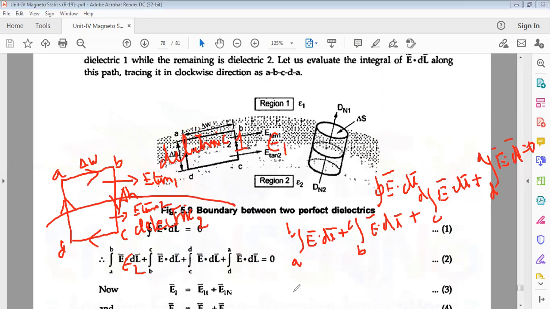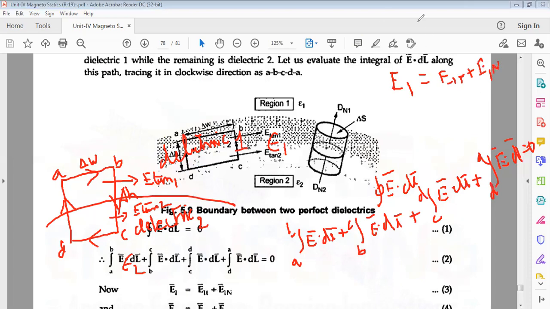Okay, my dear students. Now, E1 is the combination of the tangential and normal components: E1 is equal to E tan 1 plus E1 normal.